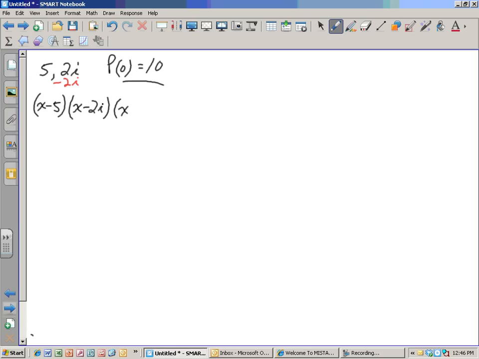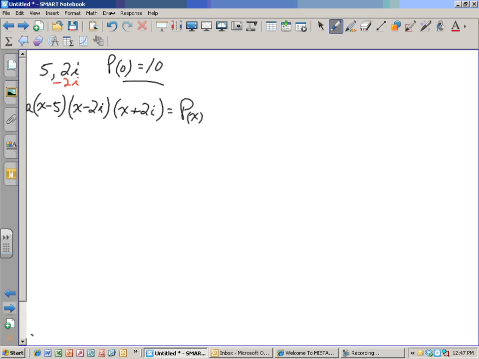So that would be x plus 2i. And there's my polynomial. But there could be a number out in front. Let's call that a. There could be a number out front, and it would still have those same zeros.